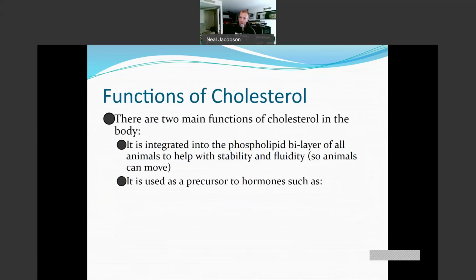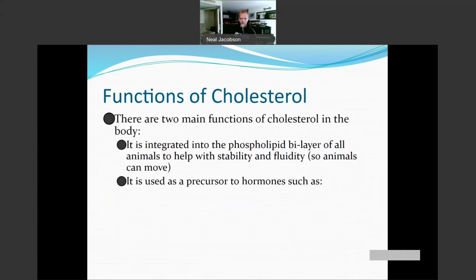But the importance of cholesterol inside our system is that it's used as a precursor for lipid-based hormones. Lipid-based hormones are the ones that go right through cell membranes, because remember, cell membranes are like soap bubbles. They've got those hydrocarbon tails in the middle that are nonpolar, that are a lipid.